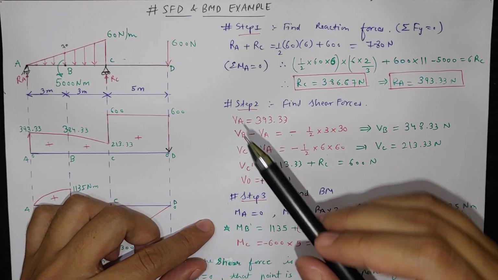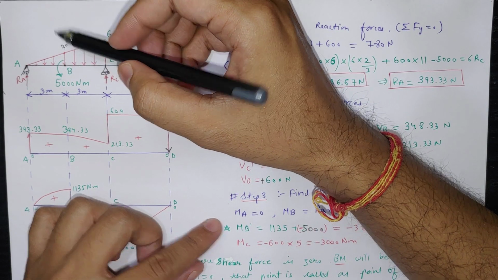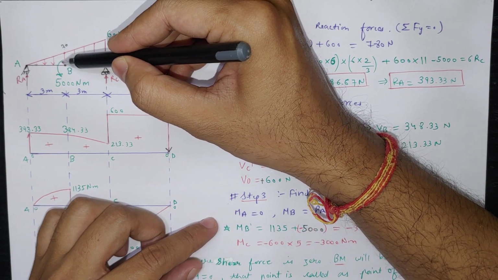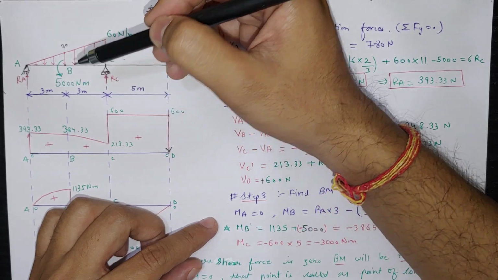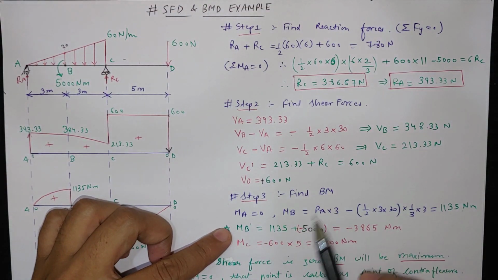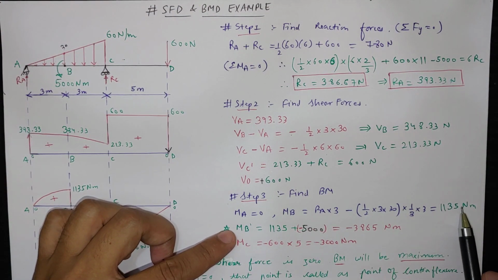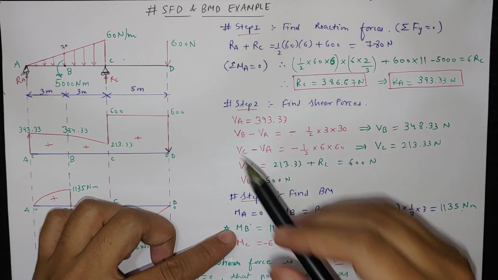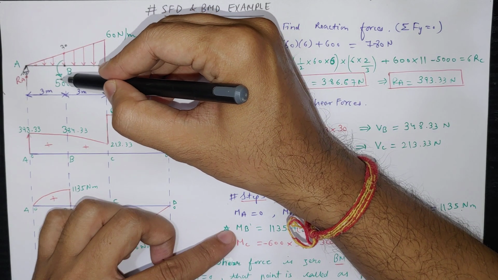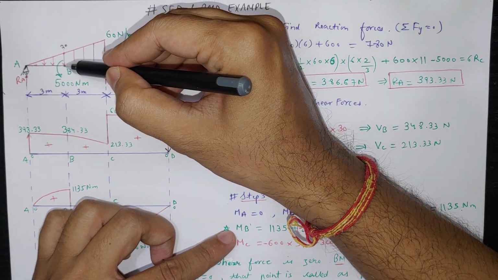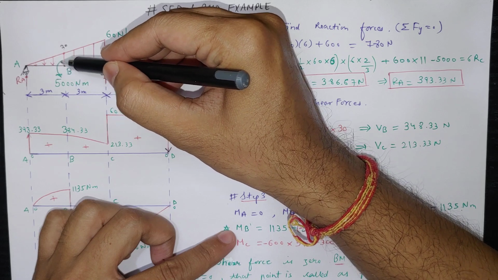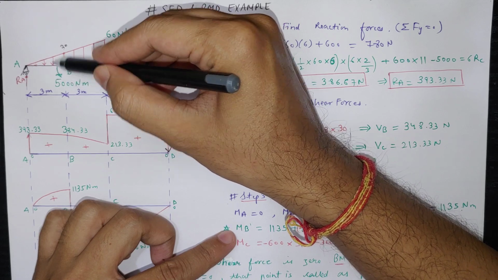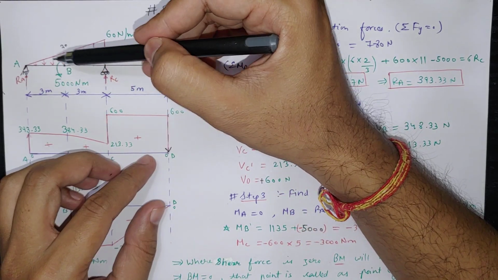So MB dash we have to consider here because another pure moment of 5000 is acting at B point only. This 1135 is in the counterclockwise direction at B point, which gives a hogging moment. If it were upward, it would give the beam a sagging moment.